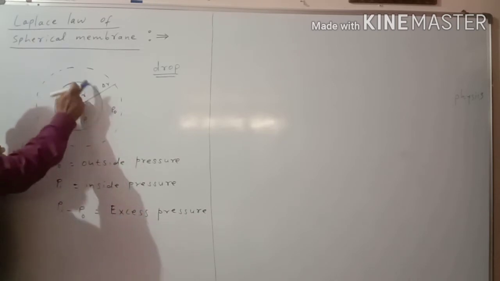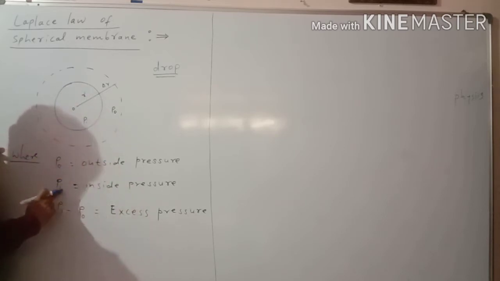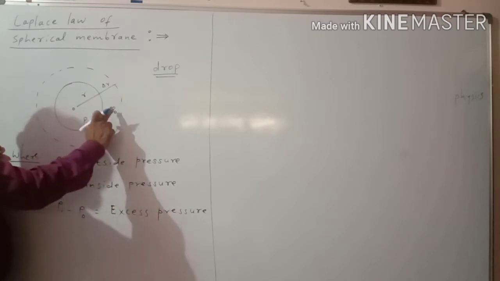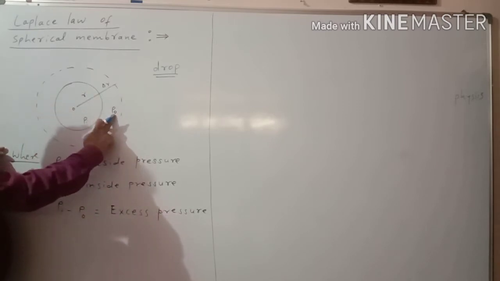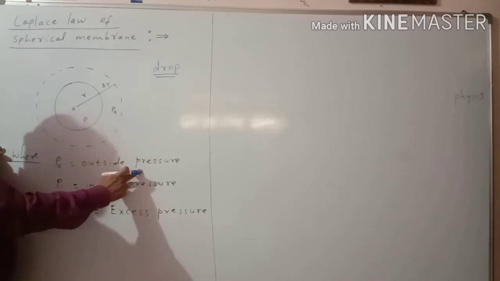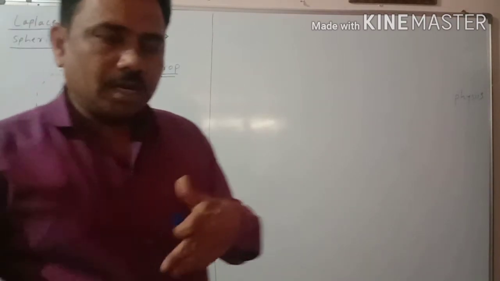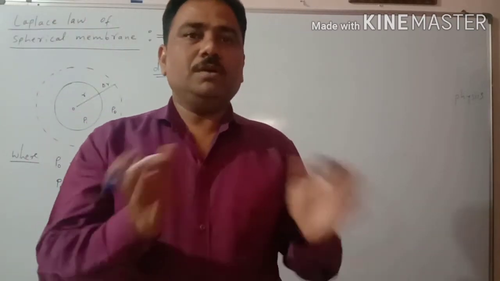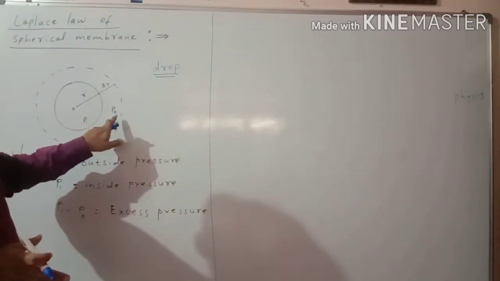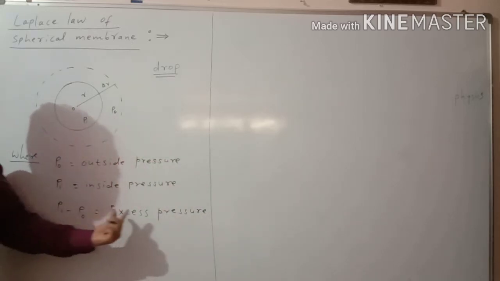Whatever may be the inside pressure of this liquid drop, that is Pi, the inside pressure, and the outside pressure is represented by P naught. Whatever will be the difference between the inside pressure of the drop and the outside pressure of the drop, that difference is represented by excess pressure.